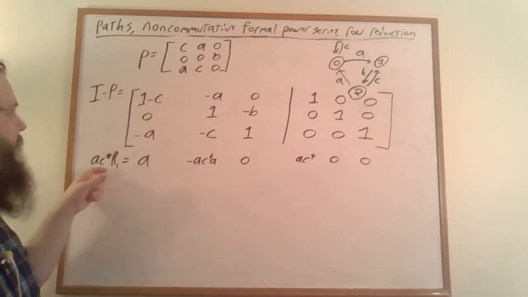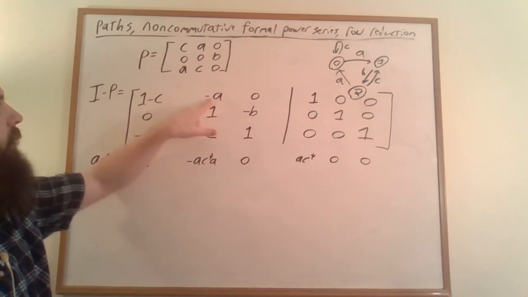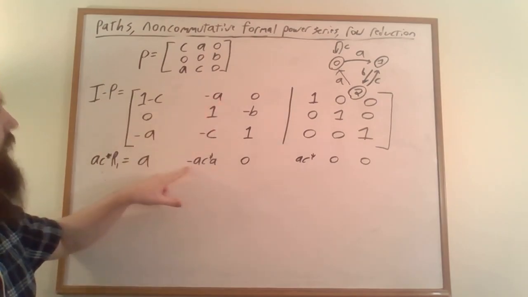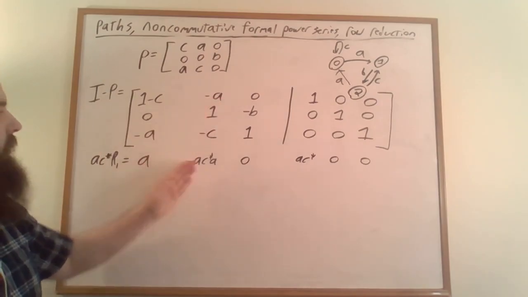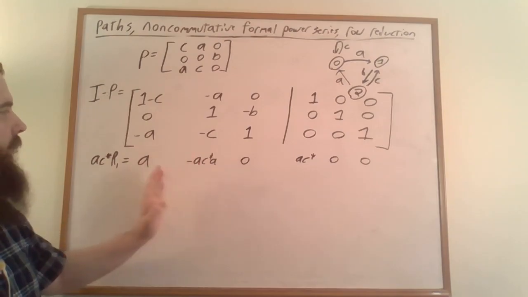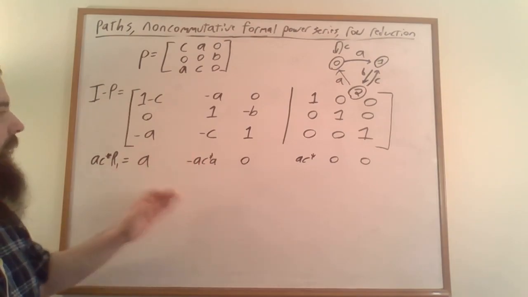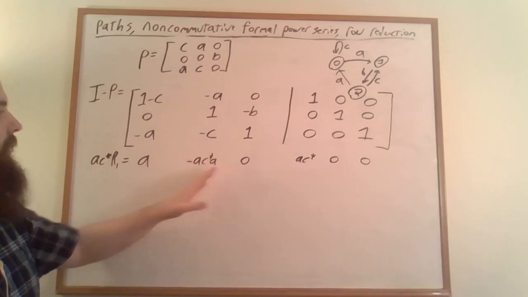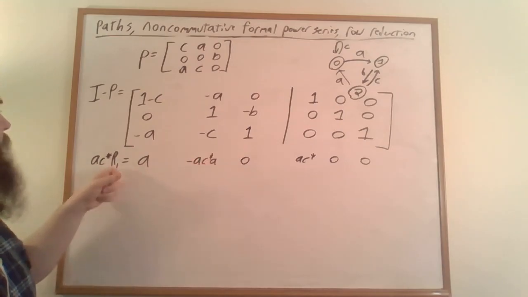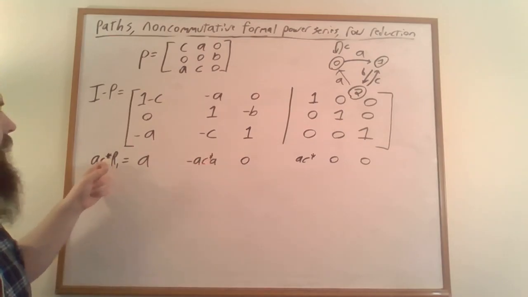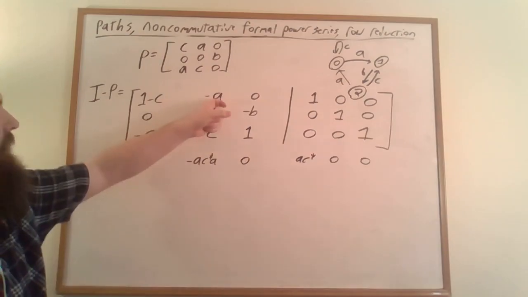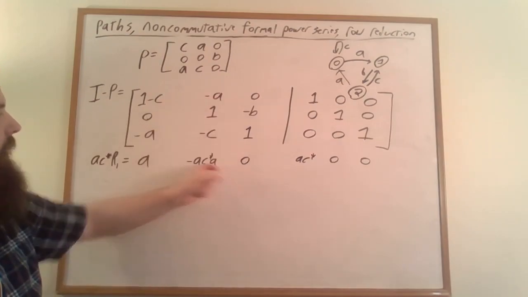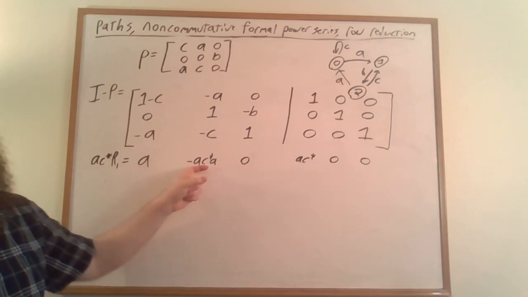When we multiply ac star by a, we can pull that minus 1 out front because we can always commute with the coefficients out front, but we need to be really careful about the order of the variables. We're multiplying row 1 by ac star on the left, and so we need to take the variables and multiply them on the left by ac star.